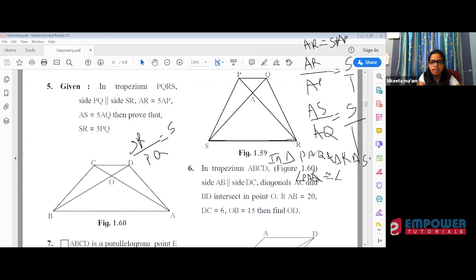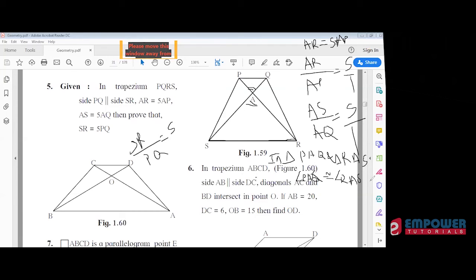angle RAS. So basically I have proved that this angle and this angle are congruent. Why? Because these are vertically opposite angles; give this as the reason.